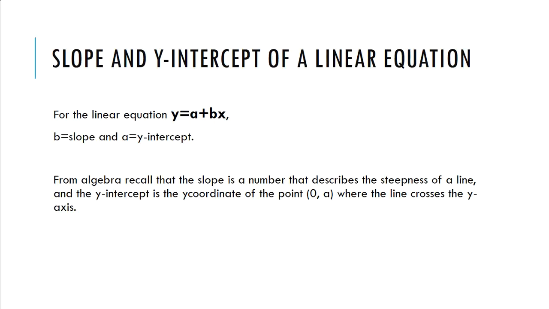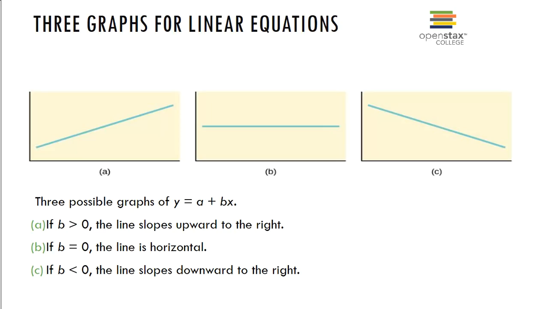From algebra, recall that the slope is a number that describes the steepness of a line, or many of you, when I say what is slope, everybody will answer rise over run. And the y-intercept is the y-coordinate of the point (0, a), where the line crosses the y-axis. So that means x is 0, and your y will be determined where the line crosses.